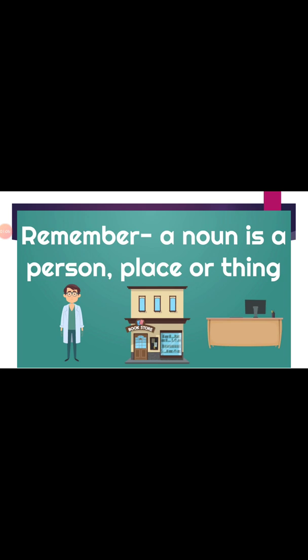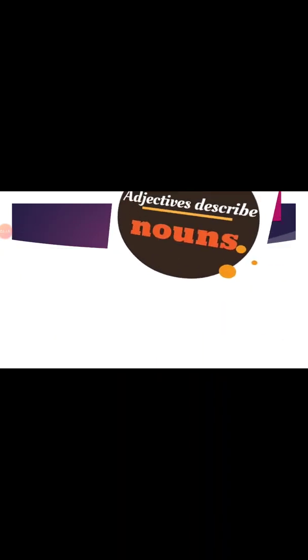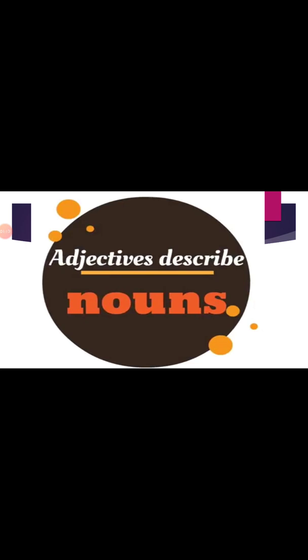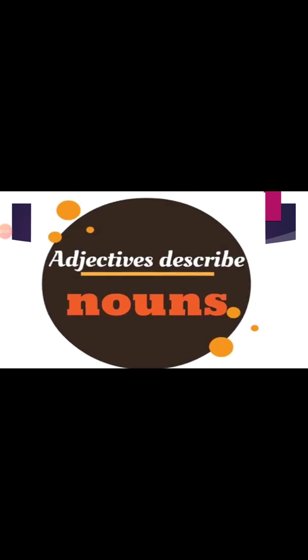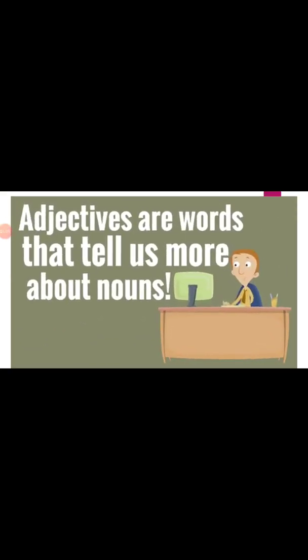The words we use for person, place, animals, or things are called nouns. Here we'll know about the adjectives. Adjectives describe the nouns. Adjectives are the words that tell us more about nouns.